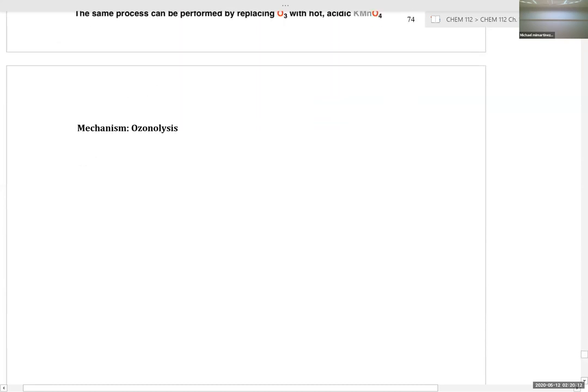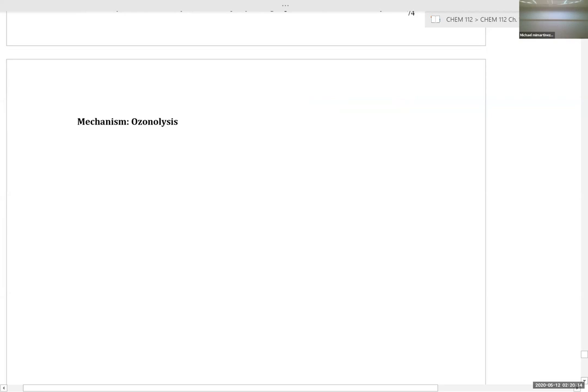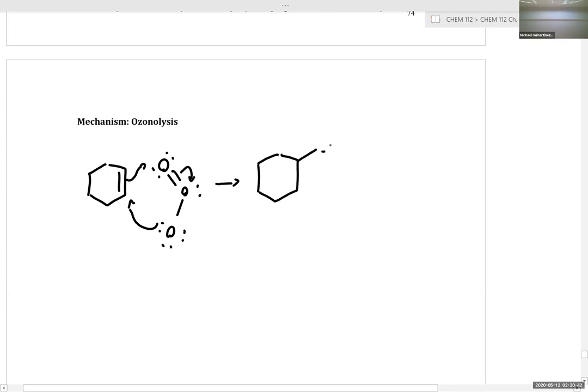So in terms of the mechanism for ozonolysis, let's suppose we start with our generic alkene. Let's now look at ozone. So here is the textbook Lewis structure for ozone. We have addition of ozone to generate our first cyclic intermediate.